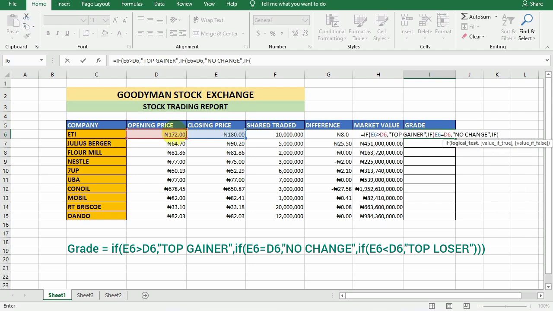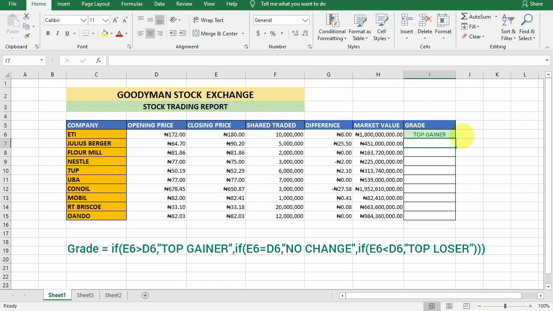IF, bracket open, now E, which is the closing price, is less than the opening price, comma, we'll say top loser. Now we have 3 IF conditions here, so we're going to close it with 3 brackets. So 1, 2, 3, and you press enter.